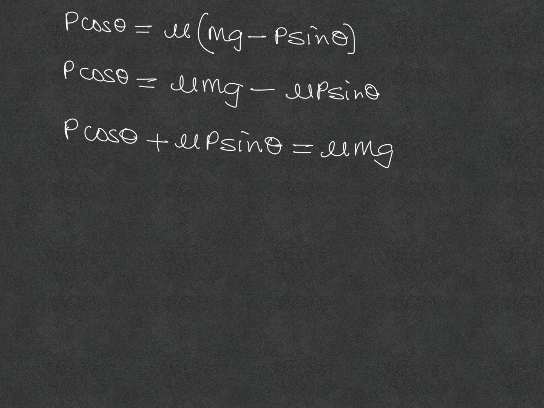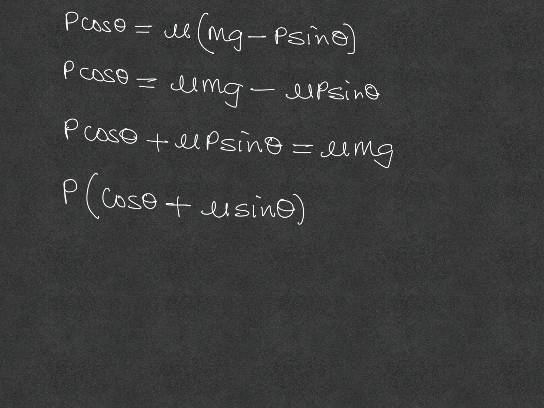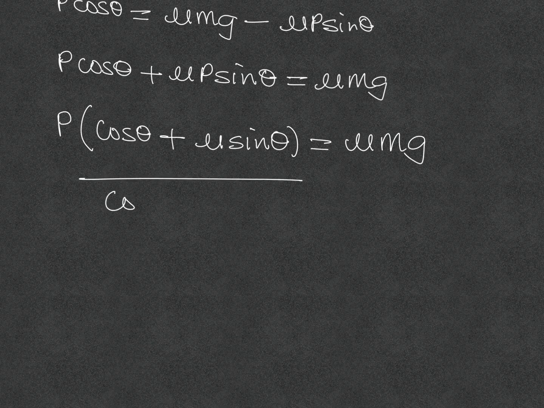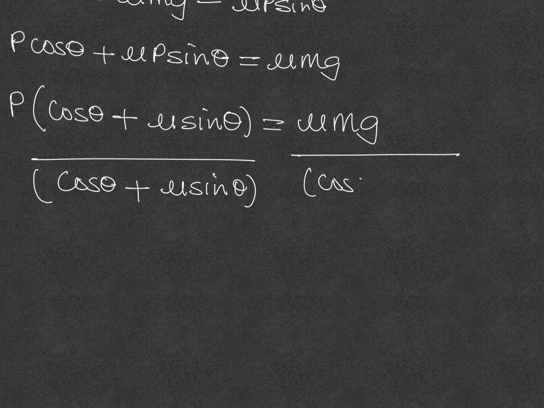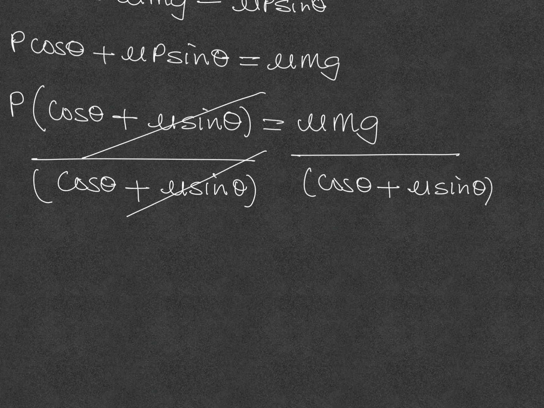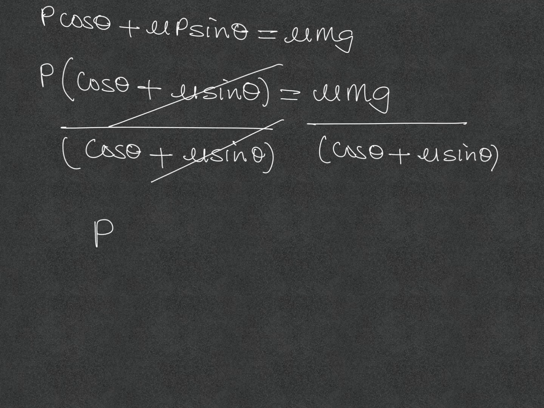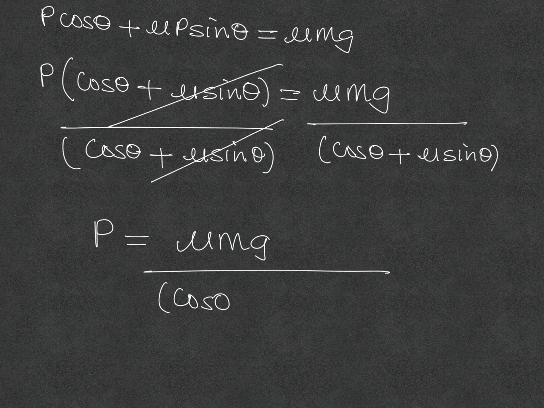To factorize P, we'll have P into cos theta plus mu sine theta is equal to mu mg. Now I can divide both sides by cos theta plus mu sine theta to be able to find P. So this will cancel this. Therefore, P is equal to mu mg over cos theta plus mu sine theta.